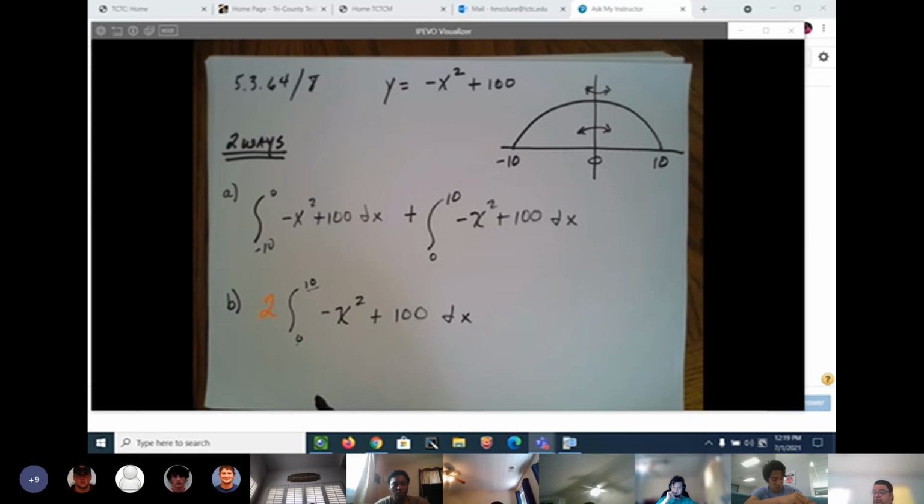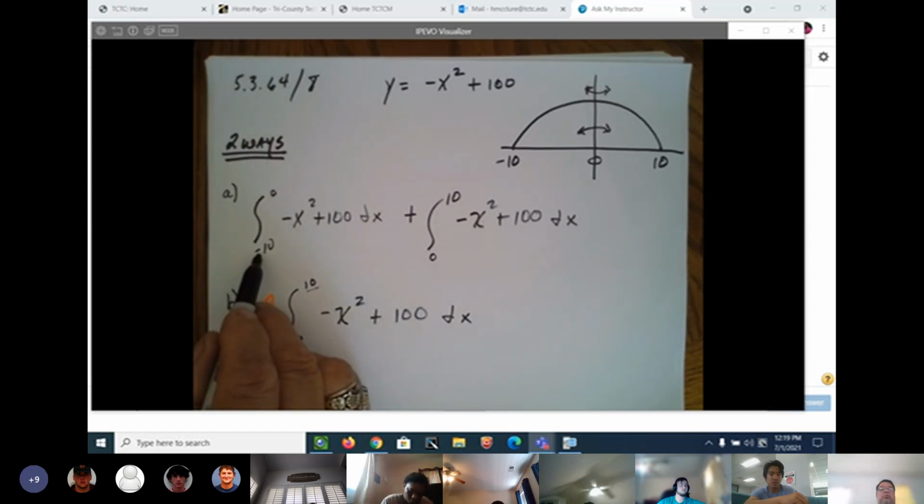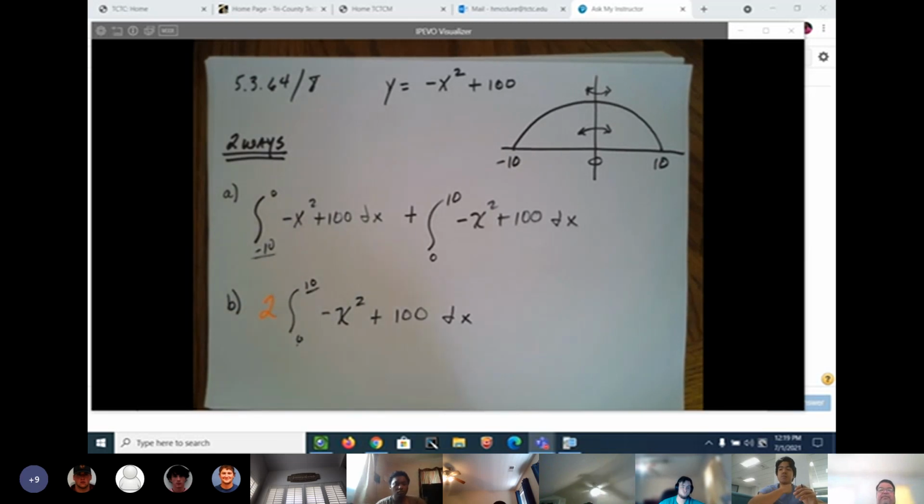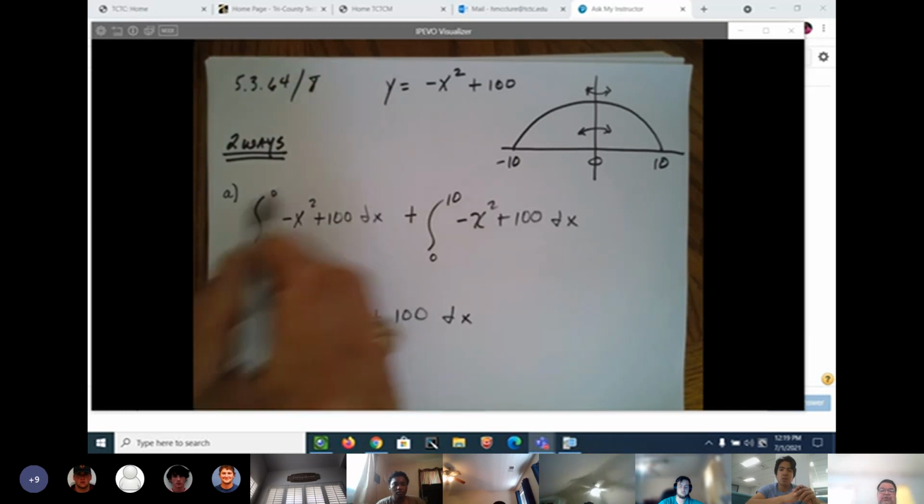10. Well, 0's on the other side, Hubert. Yeah, but what are you dealing with here? Negative 10. If you like whips and chains, knock yourself out. But I don't want to deal with negative 10 when I have an option to deal with positive 10. So that's the two ways.